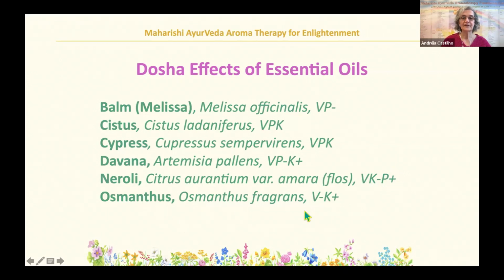And Osmanthus reduces Vata but increases Kapha, which you don't want to increase. So for this person, if you were considering a list such as this, you would consider balm, cistus, and cypress because it's the desired dosha effect, and you would not consider Davana, Neroli, and Osmanthus, even though they may address the symptoms, but they are not the right dosha effect.